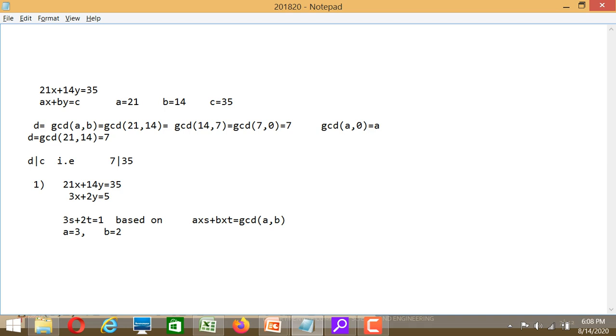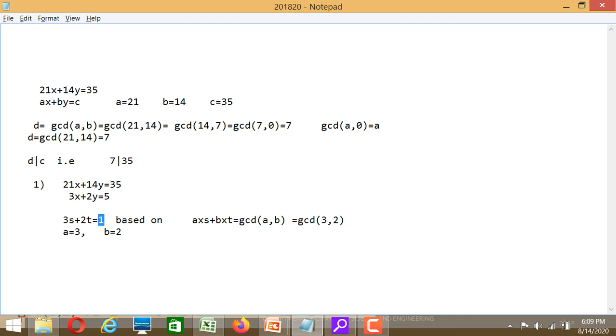Then we need to find out the GCD of a, b, that is GCD of 3 comma 2. So what is the GCD of 3 comma 2? The GCD of 3 comma 2 is 1.